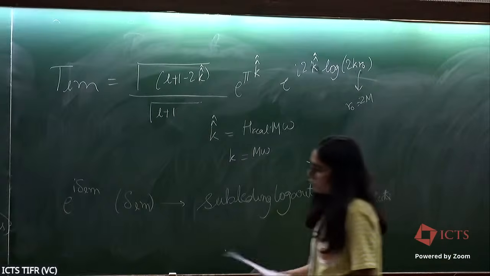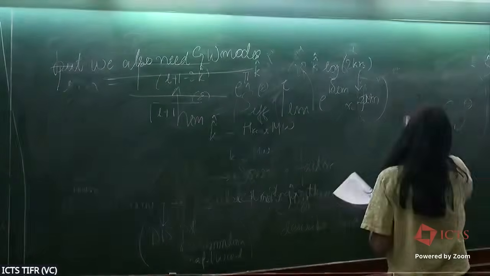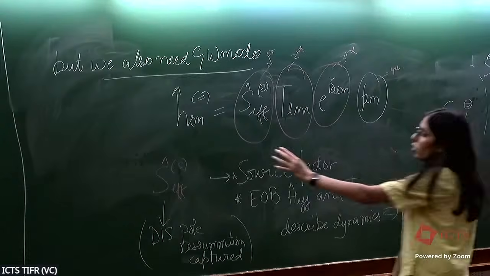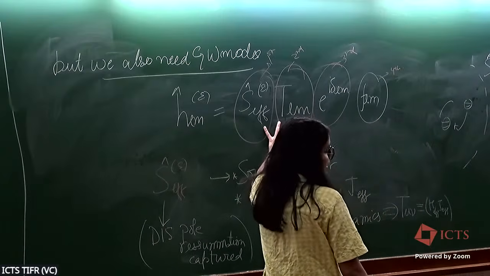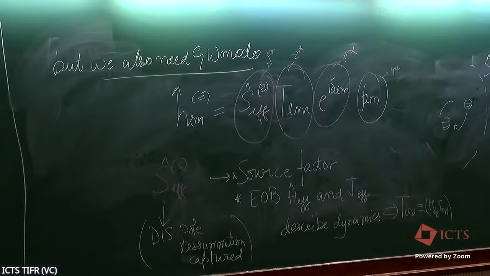Now we have the fourth factor, which is f_lm. By the way, how we compute this delta lm is just taking a complex ratio between this h_lm and the two factors that we computed from the physical intuition. So delta lm is like a complex ratio.